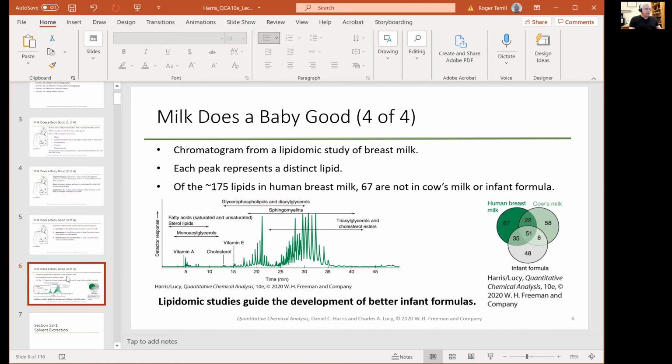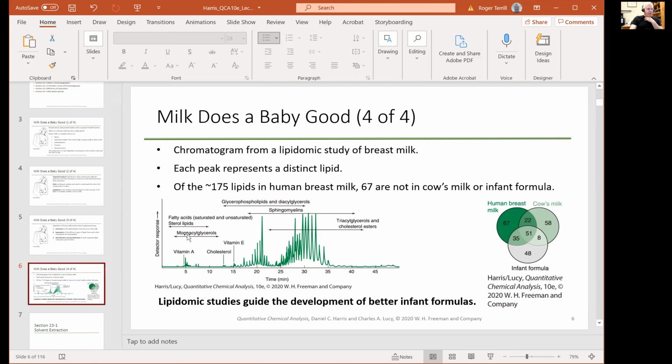And here is an LC-MS of lipids in, I presume, human breast milk. This is pretty impressive. I'm almost thinking this could be a GC mass spec because it's got so many very sharp peaks, but unfortunately they don't specify.